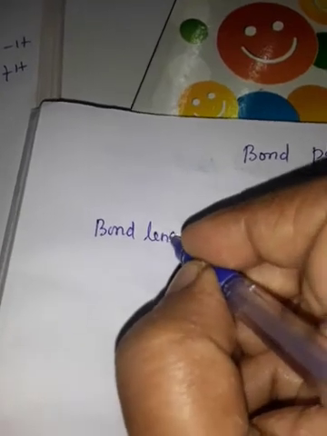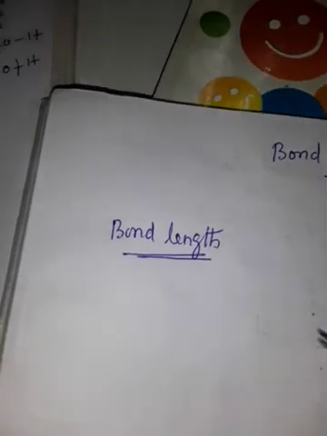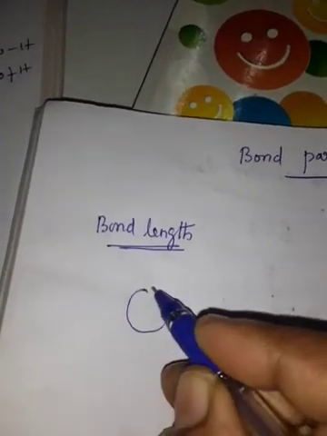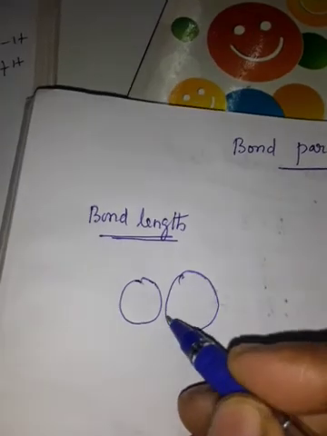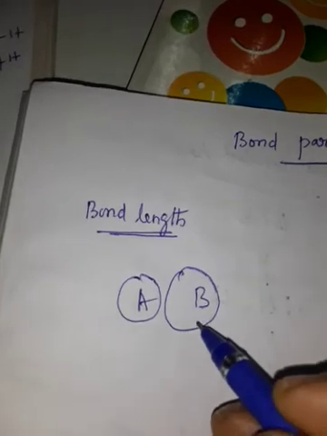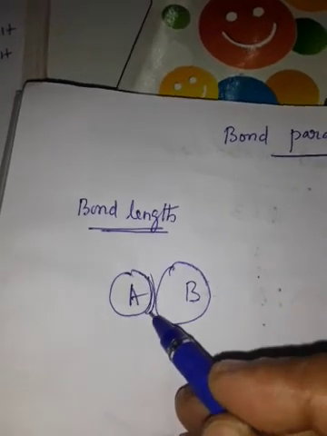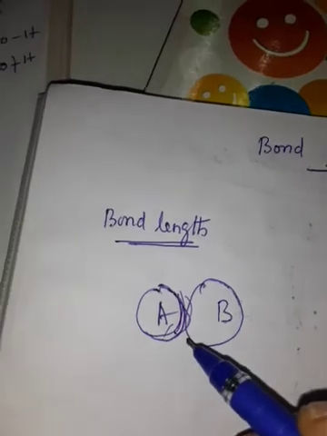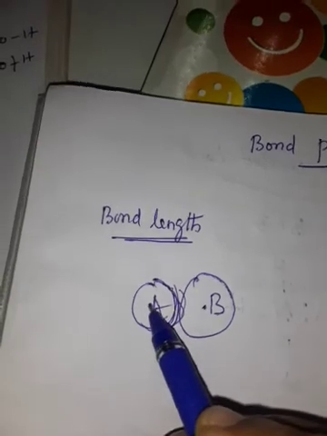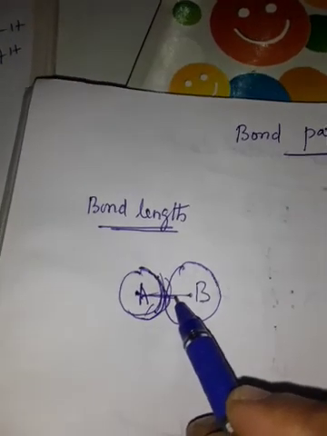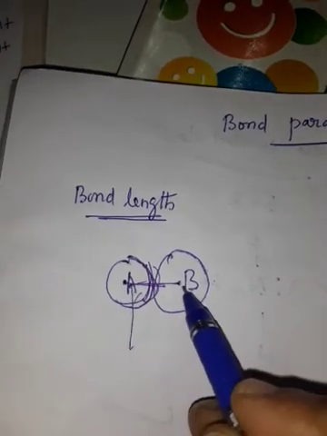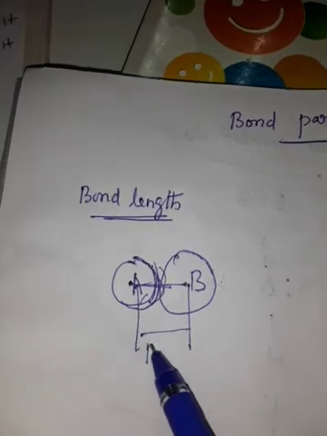First parameter, bond length. Bond length means the distance between, consider two atoms, atom A and atom B. The distance between the nuclei of the two covalently bonded atoms, this is called bond length.